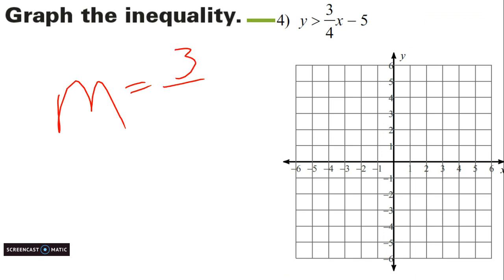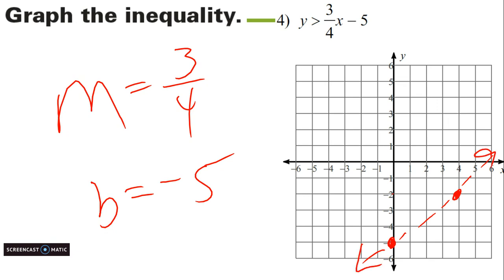Slope is 3 over 4. Y-intercept is negative 5. So we're going to start at negative 5. We're going to go up 3 and over 4. Dotted line this time. Because it's greater than, it doesn't have the equal to. Arrows on both ends. And then we need to decide, are we going to shade above or below?